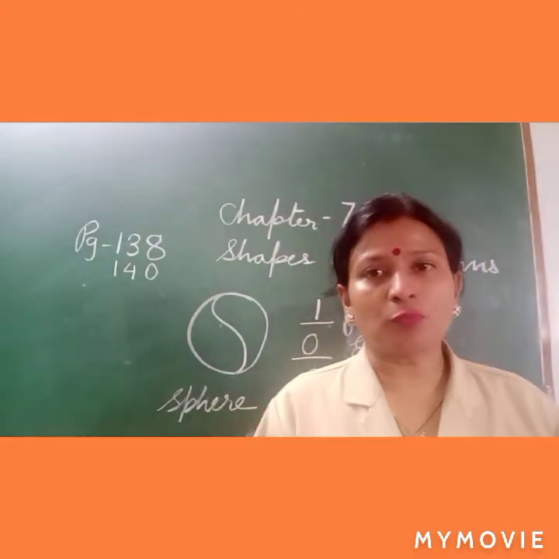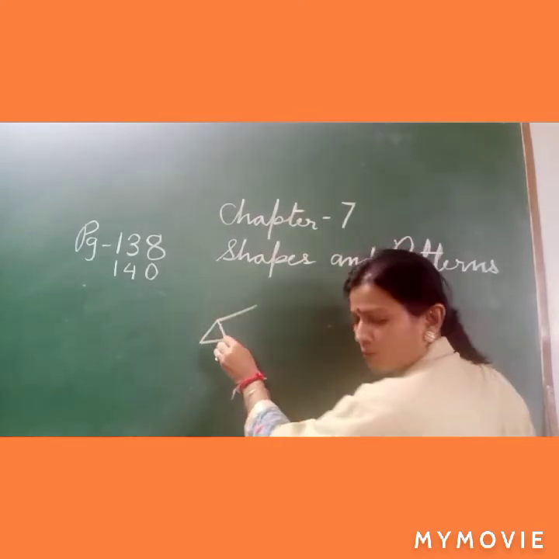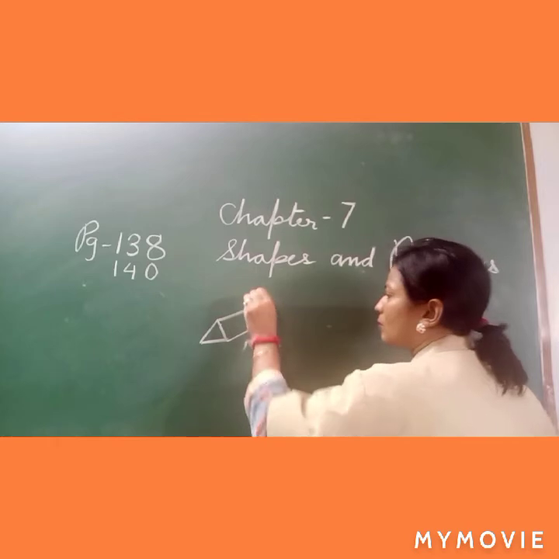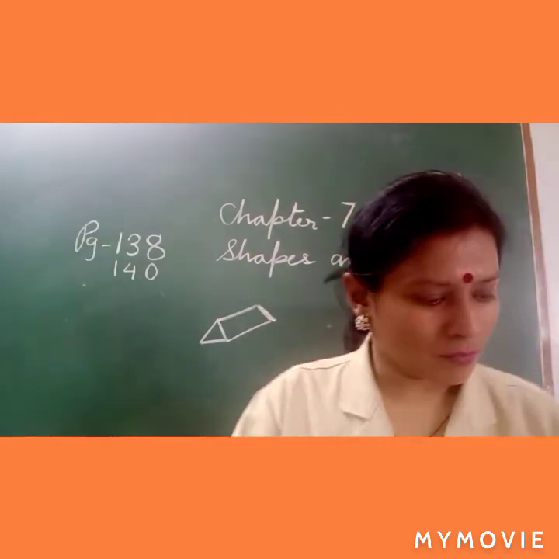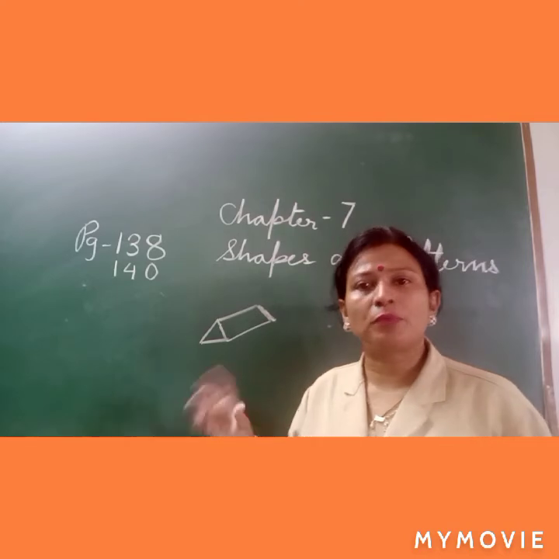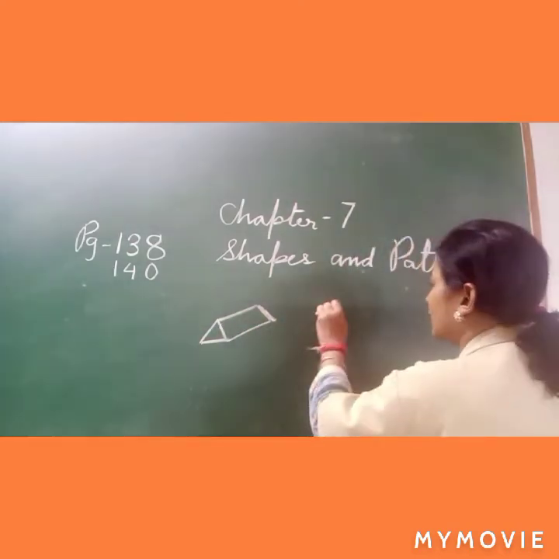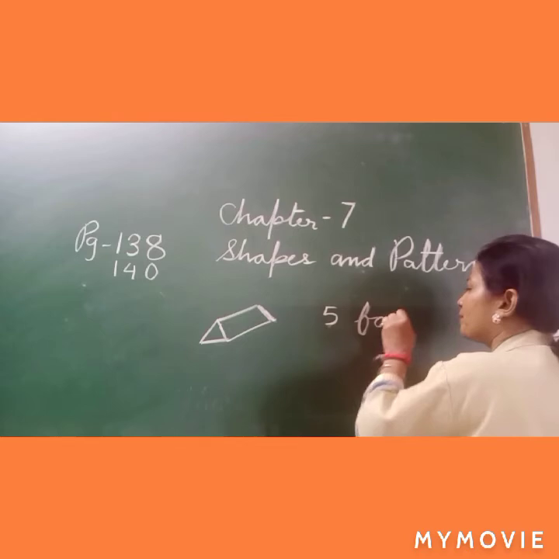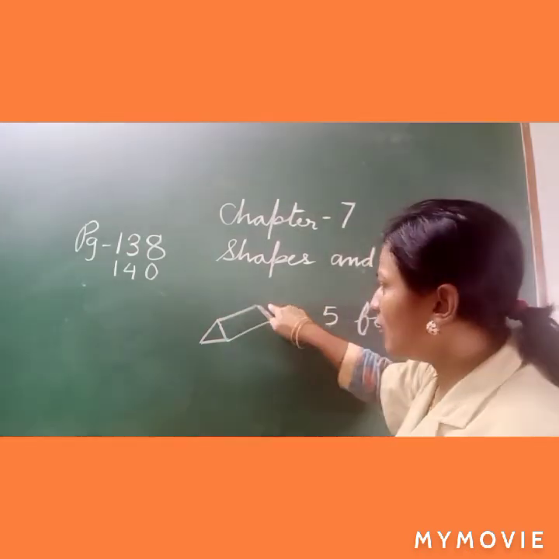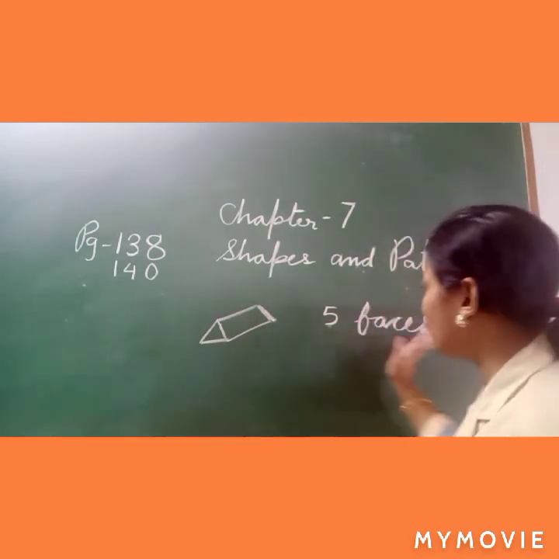Another shape is there, that is the prism. This is a prism, and in that 5 faces are there. 1, 2 at the back, 3 here, 4 and at the bottom 5. 5 faces are there.